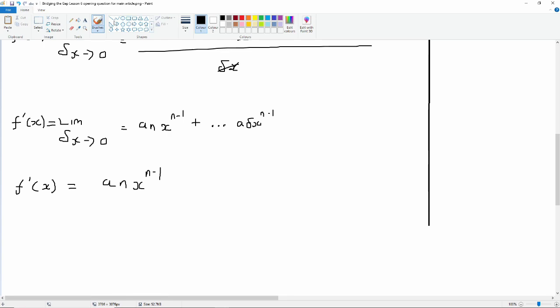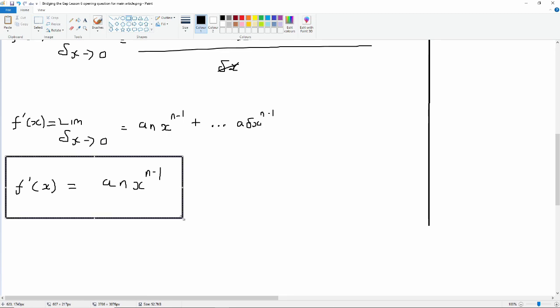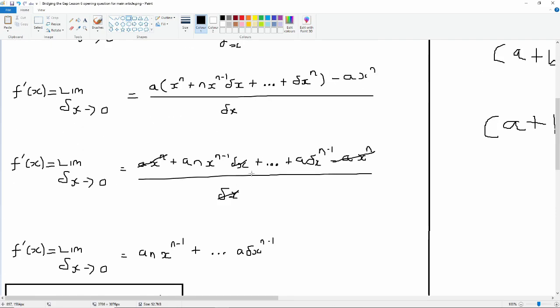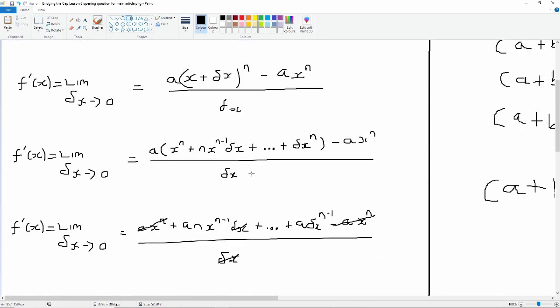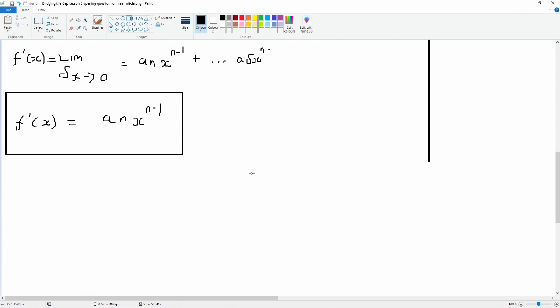And that is our derivative of any polynomial in the form of a n x to the power n minus 1. Now, we're not quite there yet. There's a couple of other points I need to deal with before we can find the derivative of any polynomial.